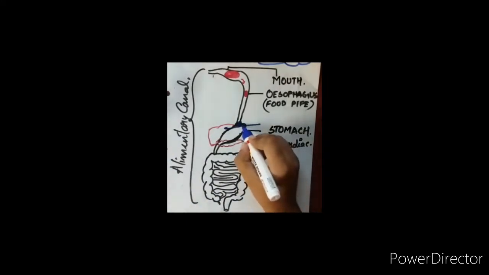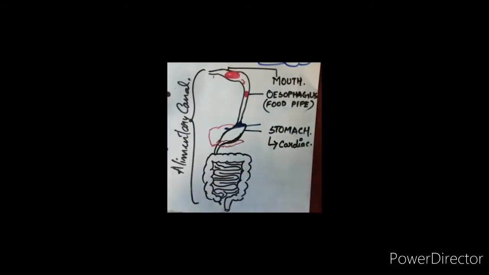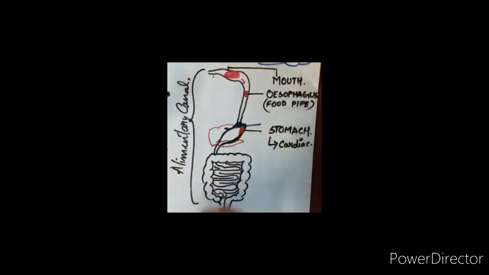Here is the cardiac portion where the esophagus opens into the stomach, and here is another portion, known as fundic, especially the top portion. Third one is the body, which is the main center for the digestion process taking place in the stomach.